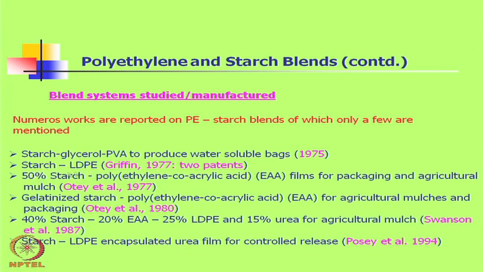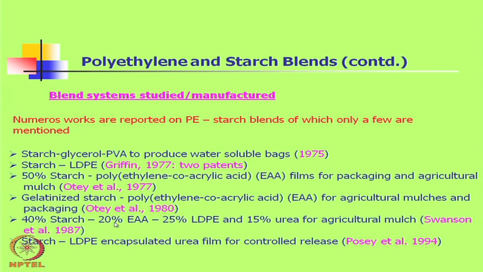Starch LDP blend has been produced and patents have been taken on this process technology. 50% starch with polyethylene co-acrylic acid polymer, an acrylic acid ethylene copolymer with 50% starch, has also shown very good degradation properties, and that has been used for packaging and agricultural mulch film.